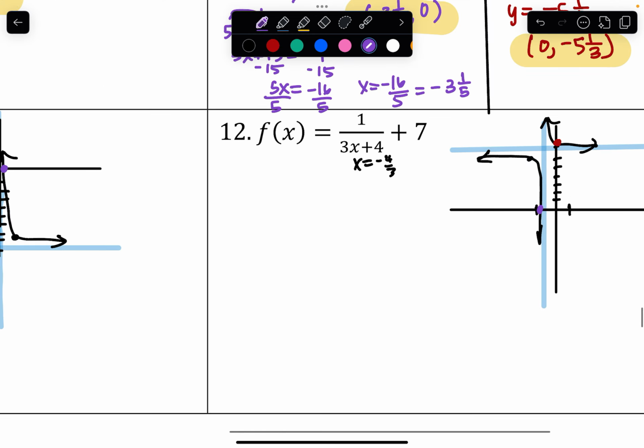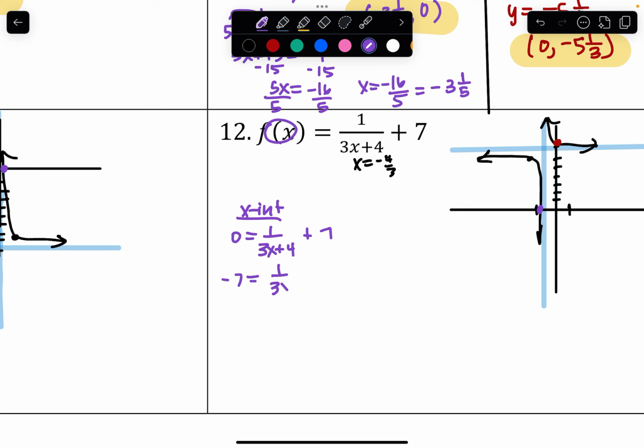Okay, so x-intercept, plug in 0 for the y, subtract 7 from both sides, multiply both expressions by that denominator.